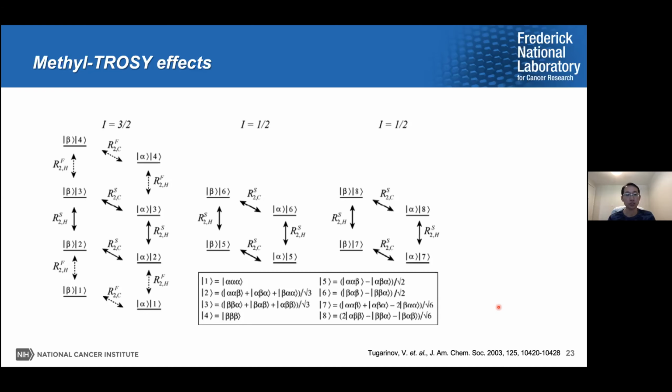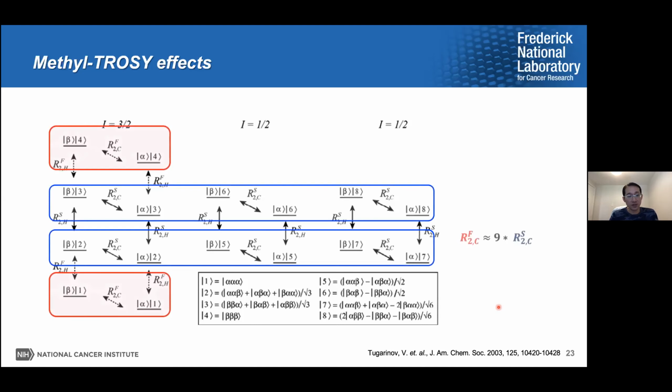A lot of people dealing with large molecules benefit from this technique. You can see when you run the HMQC, or HSQC, without the methyl decoupling during chemical shift evolution, then you will see there are 4 different lines, and the middle 2 actually relax the slowest, while the outer 2 lines relax really fast. The reason why we are talking about HSQC is because we want to implement this technique on the single quantum term, not the multiple quantum term.